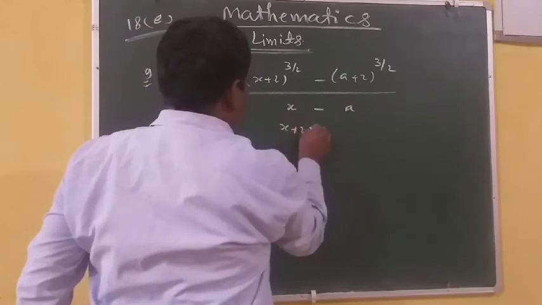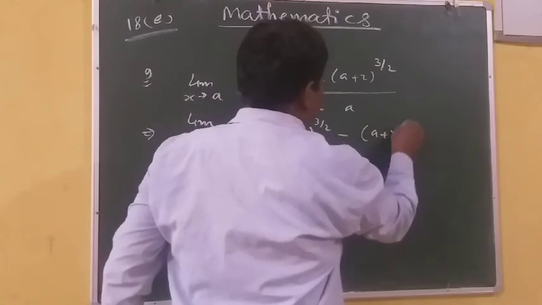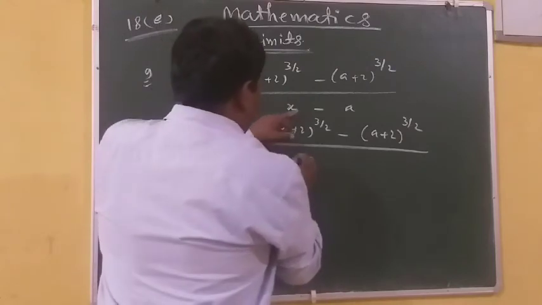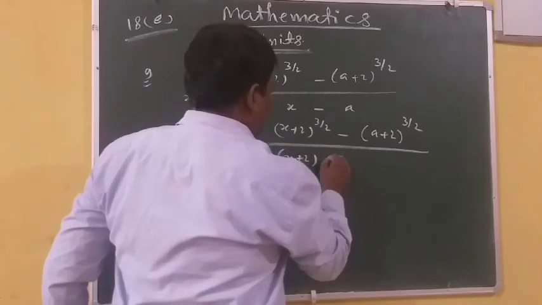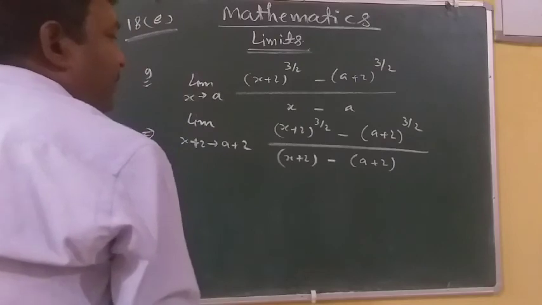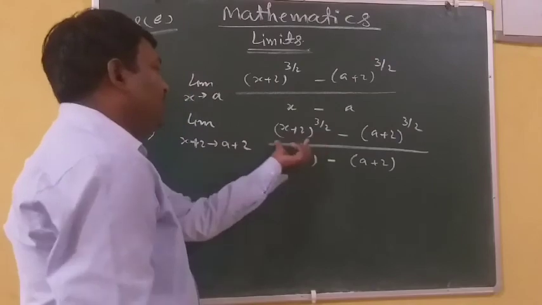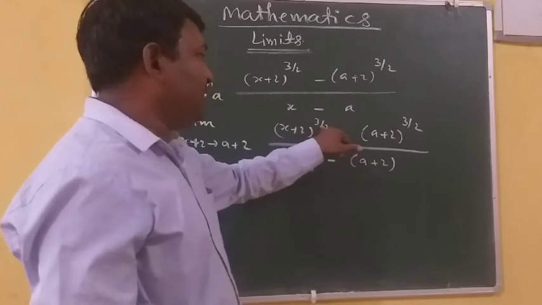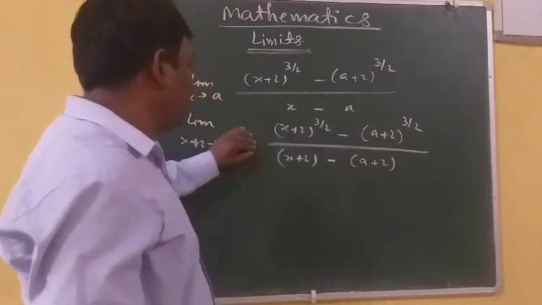Now (x plus 2) power 3 by 2 minus (a plus 2) power 3 by 2 divided by, now here plus 2 and minus 2, so (x plus 2) minus (a plus 2). This plus 2 and minus 2 will cancel out due to the minus. Now see, if x plus 2 is capital X and this is capital A, so X power something minus A power something upon X minus A, where this capital X tends to capital A.